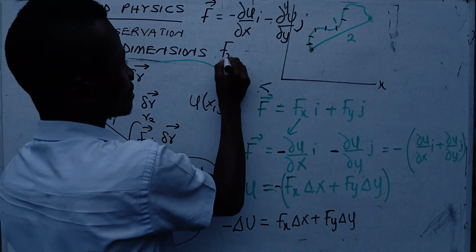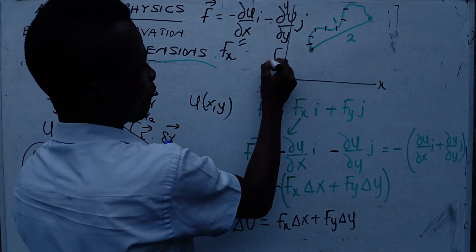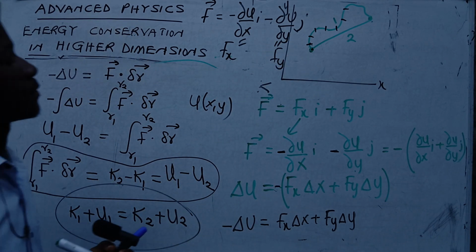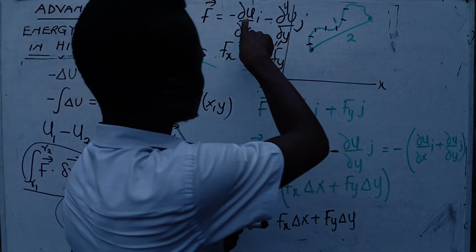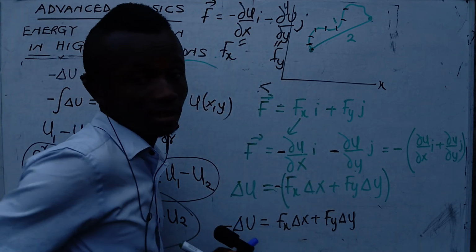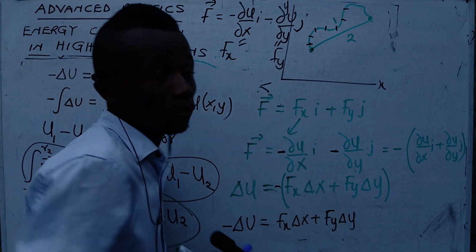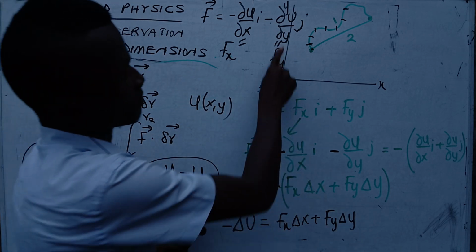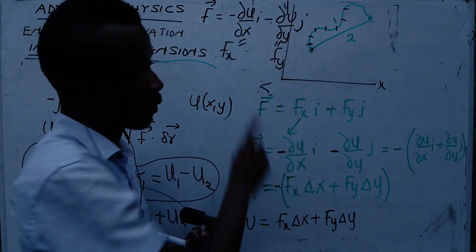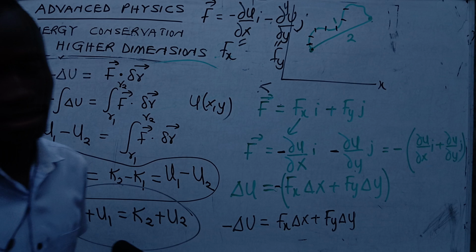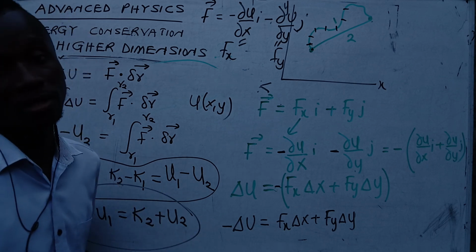So Fx is equal to that, and Fy is equal to that. Okay. So the partial derivative of a height function with respect to x, the negative of that will be the x component of the force. And of course, the partial derivative of the height function with respect to y, negating that will be the y component of the force. What is the test that a force is conservative?